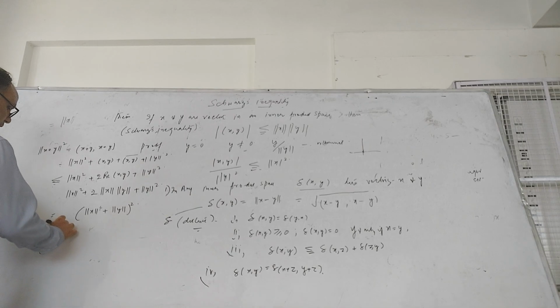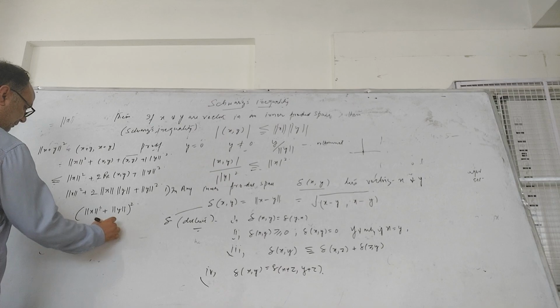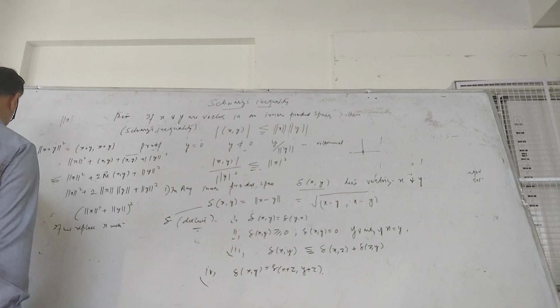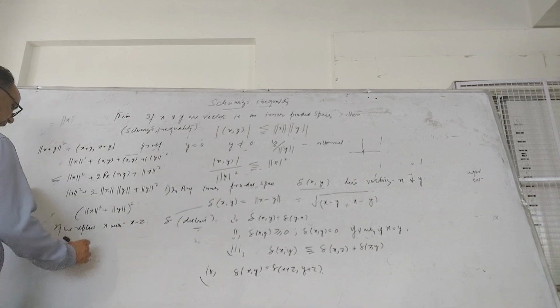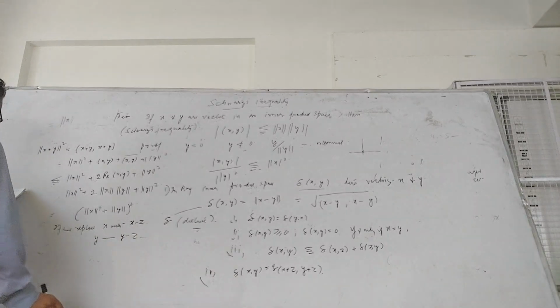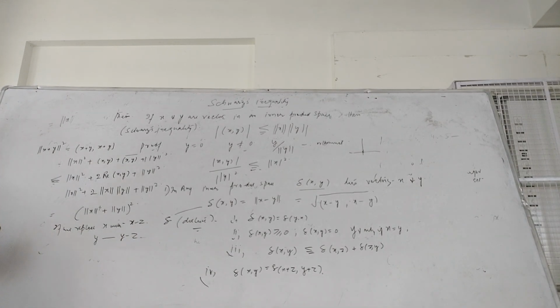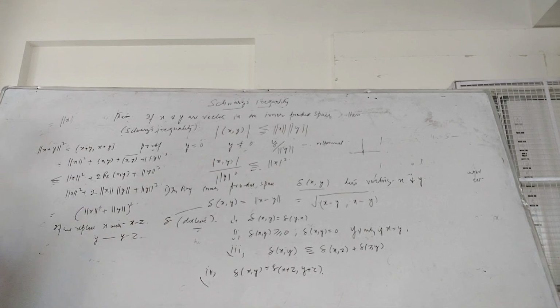Now if we replace x with x minus z and y with y minus z, so it will be x minus z and y with y minus z.